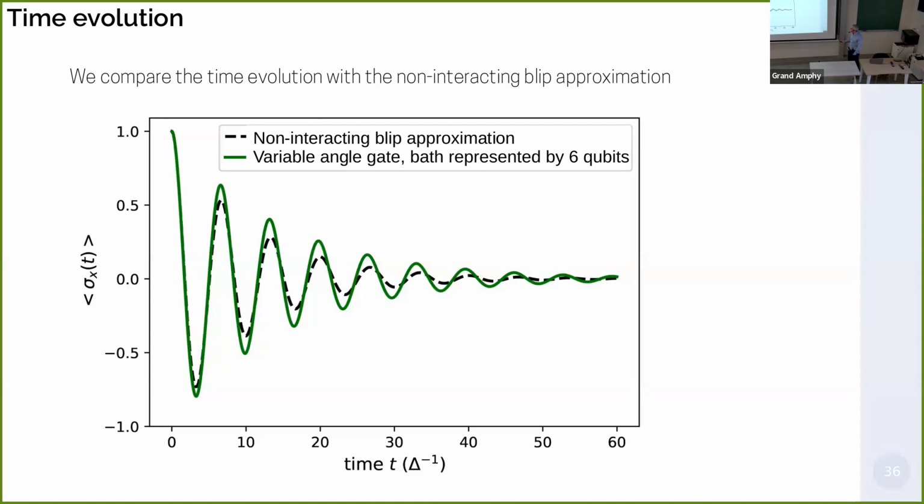Then for longer times it's not perfect. The reason is that the quality is mostly limited not by the algorithm or anything, but by the precision of the fitting of your spectral function. This is the major limitation of the accuracy.